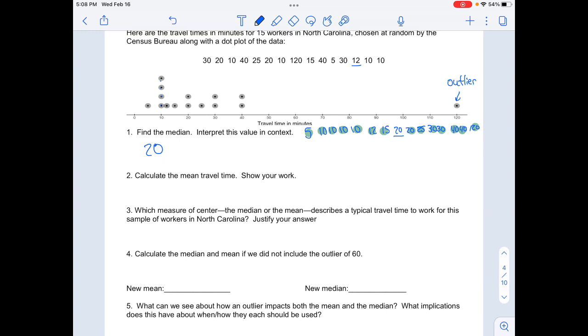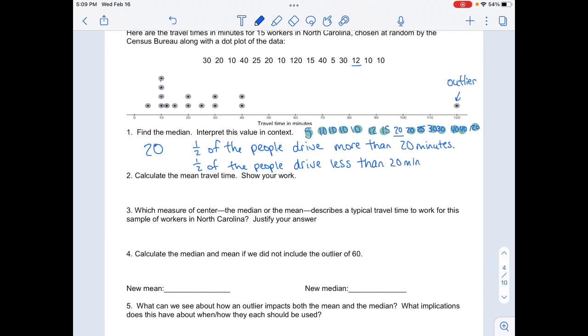In context, this means that half of the people drive more than 20 minutes, and half of the people drive less than 20 minutes. Okay, so the median tells us that half of your data has less of a drive and half has more of a drive.